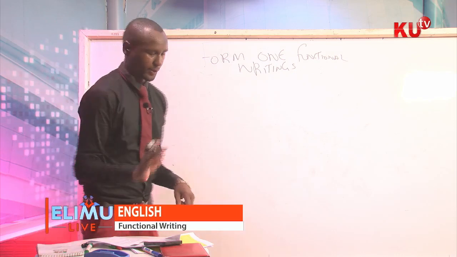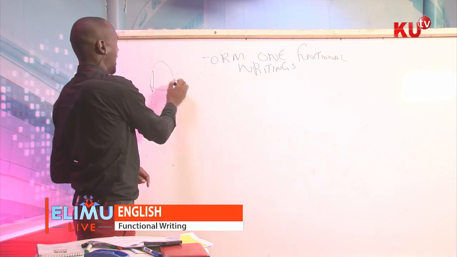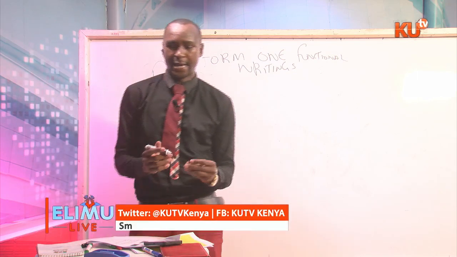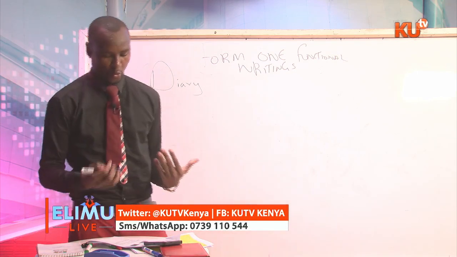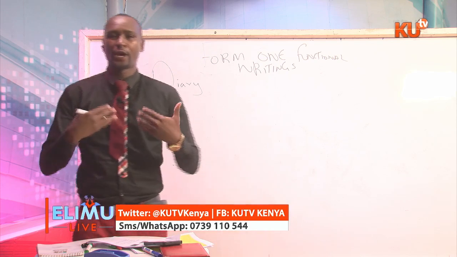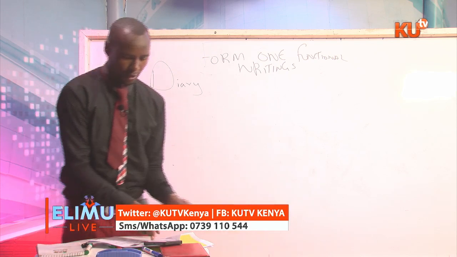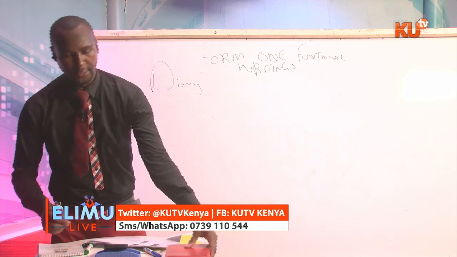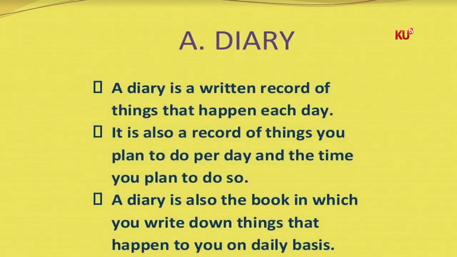The first one we'll start with is the diary. What is a diary? A diary is your personal record, a written record of the things that happen each day. Like I have my diary here.